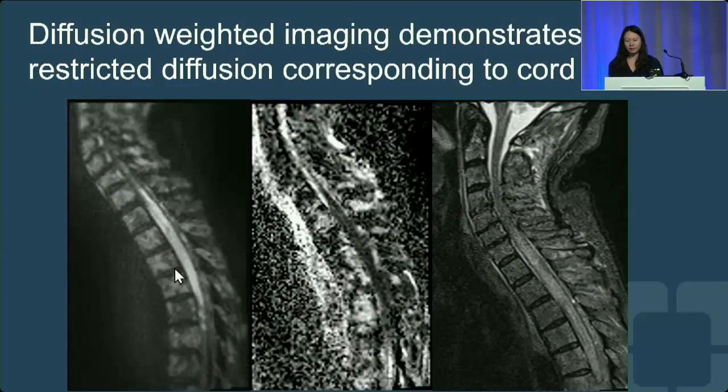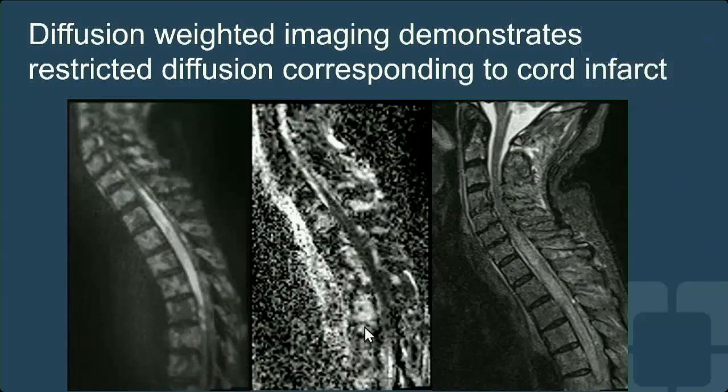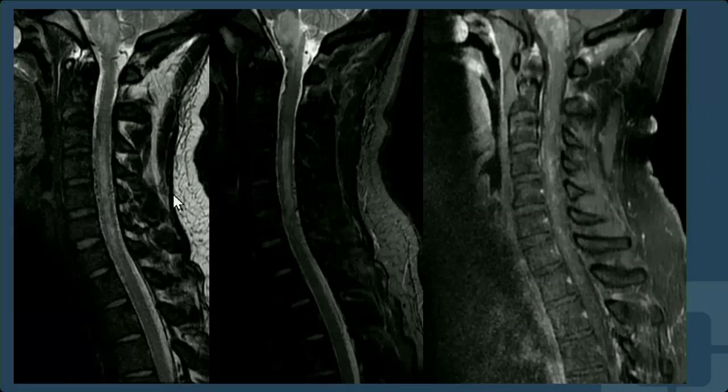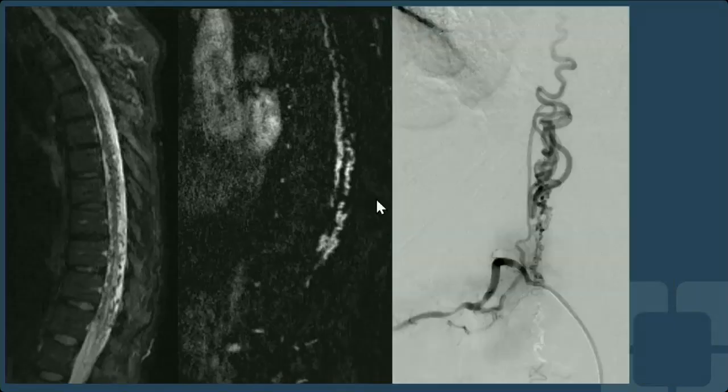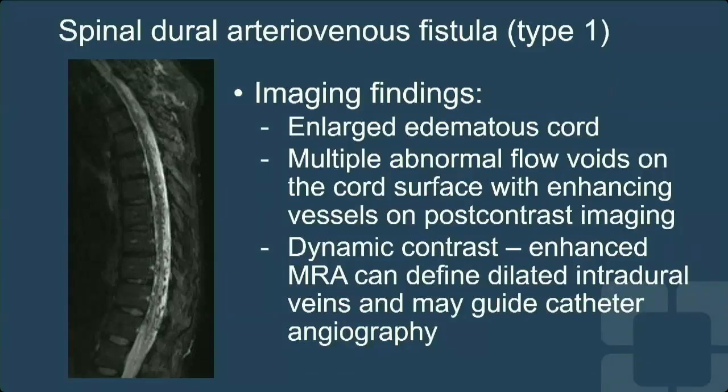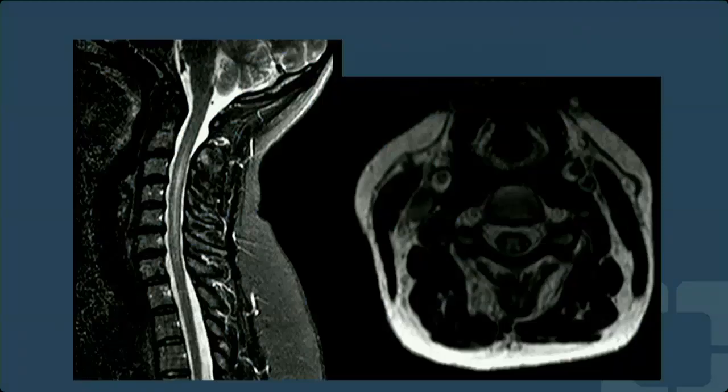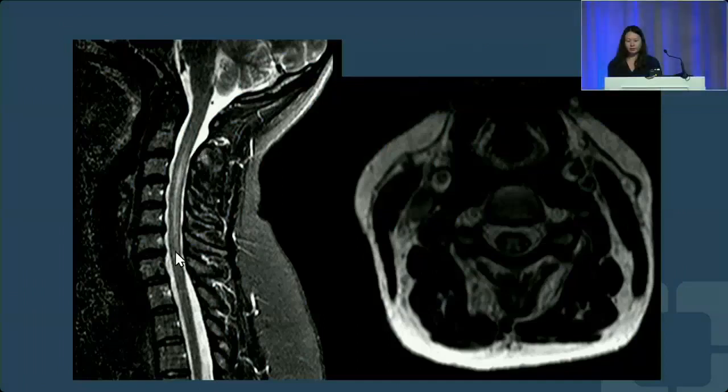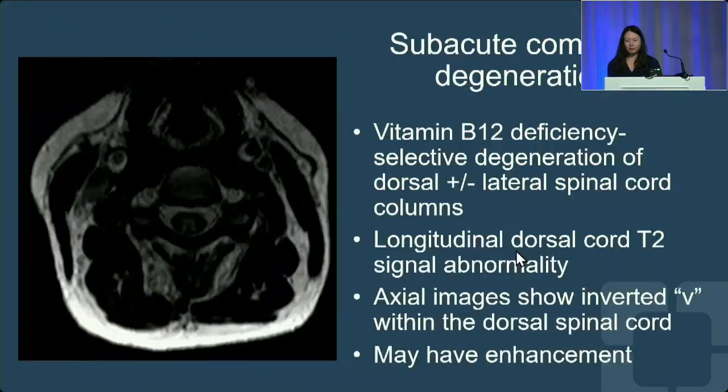Diffusion-weighted imaging can be very useful for detecting acute cord ischemia. Here you see all these flow voids. This is an example of a spinal dural arteriovenous fistula. And here the dorsal cord is affected, in a V-shaped pattern, or the dorsal medial cord. This is an example of subacute combined degeneration.